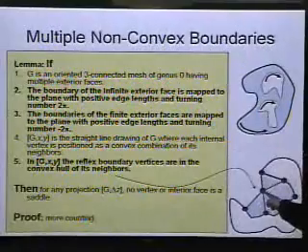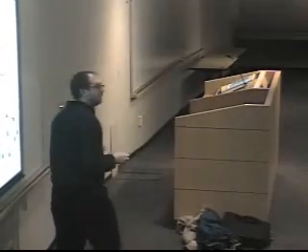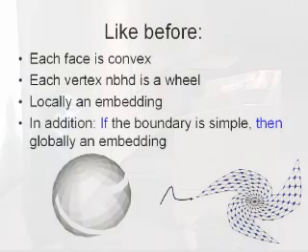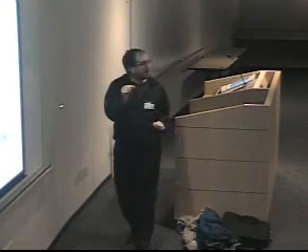So if this is true, and all this other kind of obvious stuff, then any projection will, in fact, not be a saddle. And the proof is just really more careful counting. So again, the argument states that if we've checked the boundary and everything looks good, so each face will be convex, each vertex neighborhood has to be a wheel, locally we have to have an embedding.